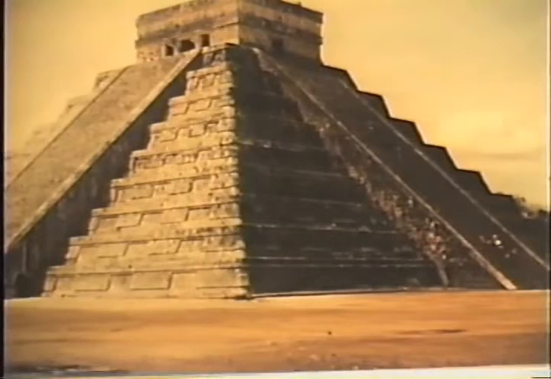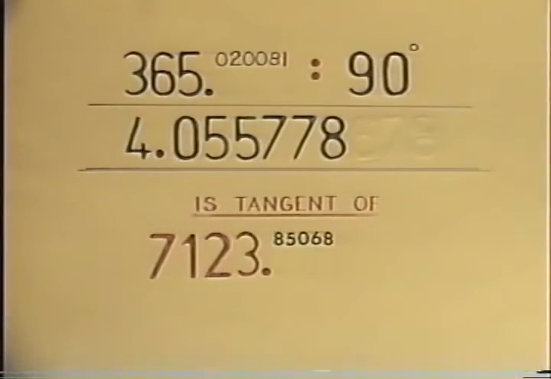90-degree right angles everywhere. And it's 365 steps, which we now know to represent the figure 365.020081. The derivative here is 4.055778.